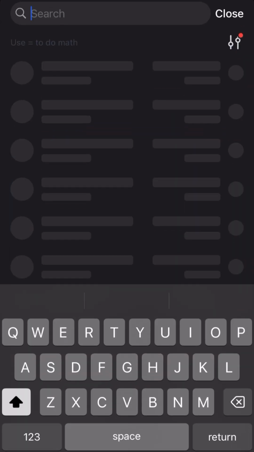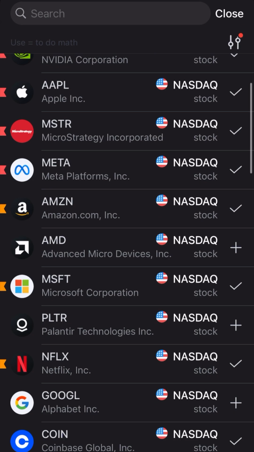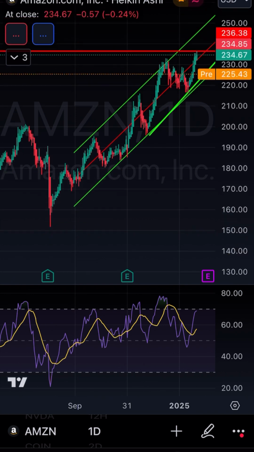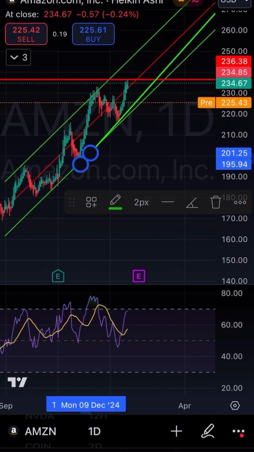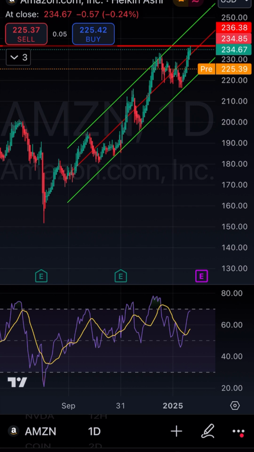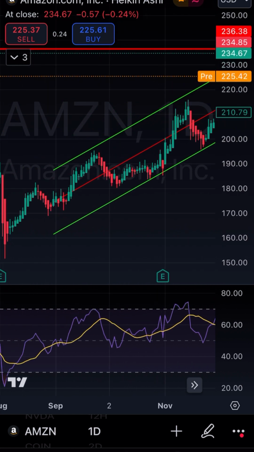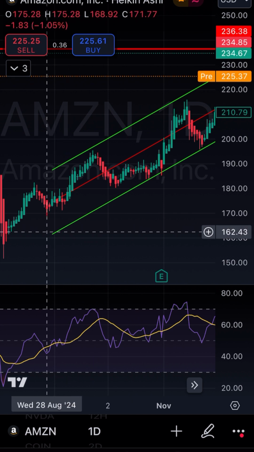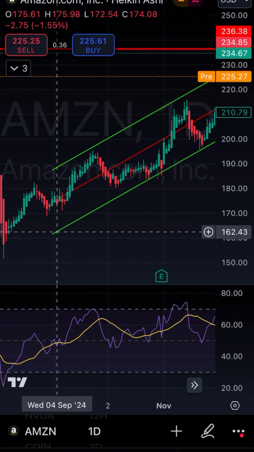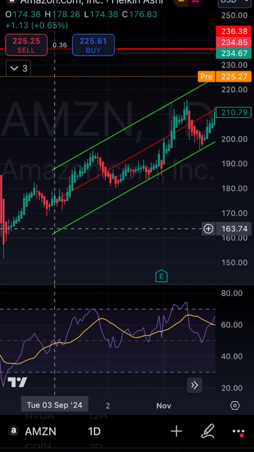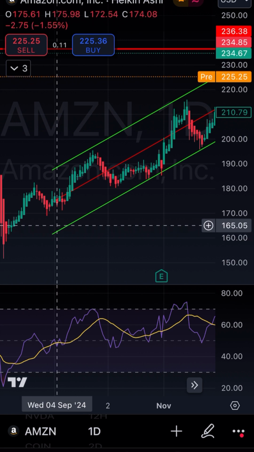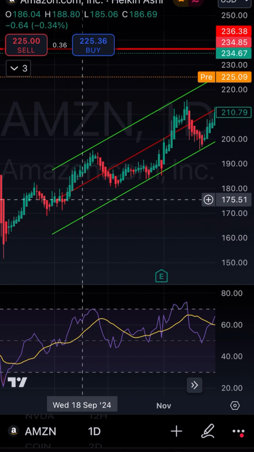And let's see, let's do one more here. Let's do Amazon. Now, Amazon, we could tell, is in an uptrend. It started here, but it's not really a good entry point in my opinion because it's not touching the bottom of the trend line.